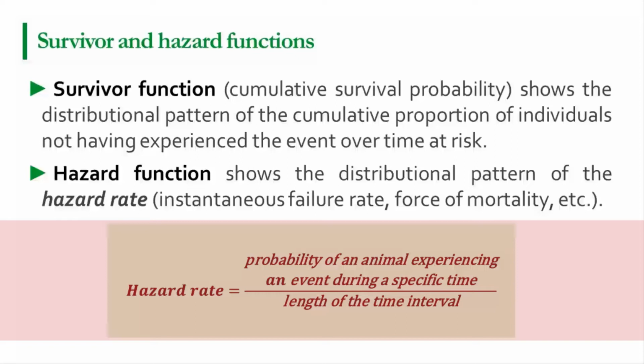Both methods can include in their calculation also the animals which did not experience the event of interest. So unlike the mean, for which we could calculate only the time of the animals which had experienced the event, in this case we can also calculate the time of the animals not having the event of interest.